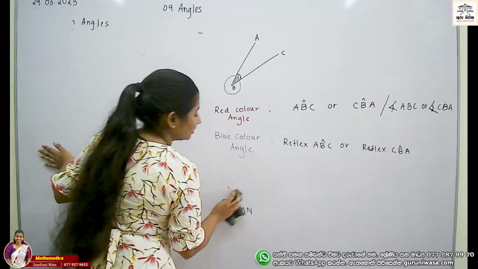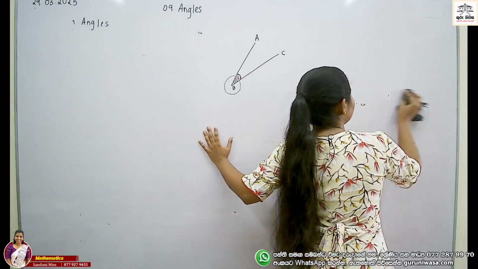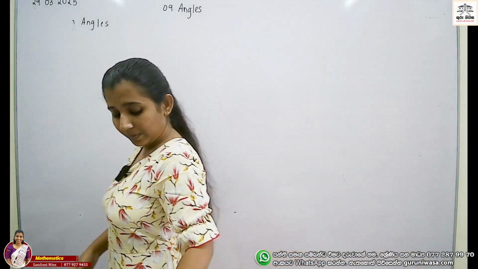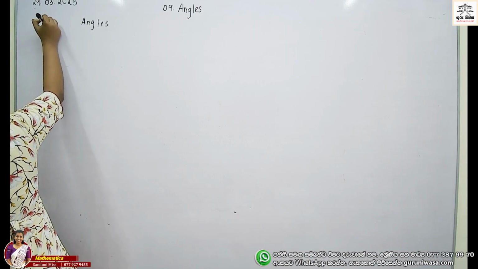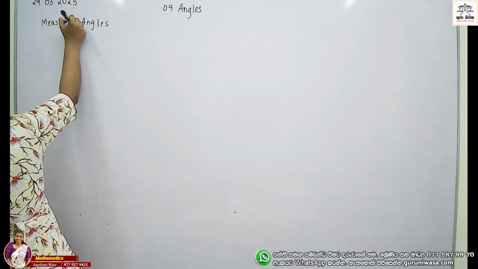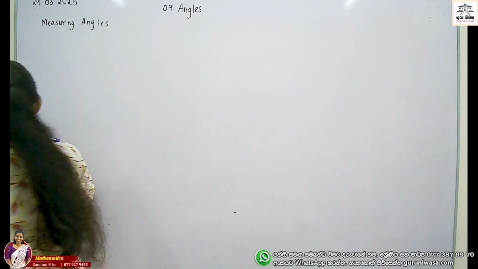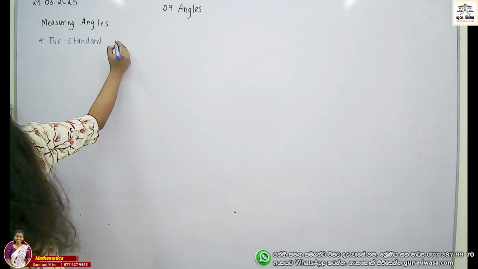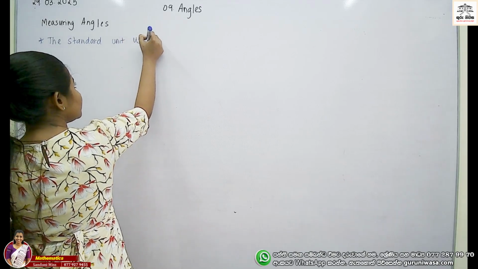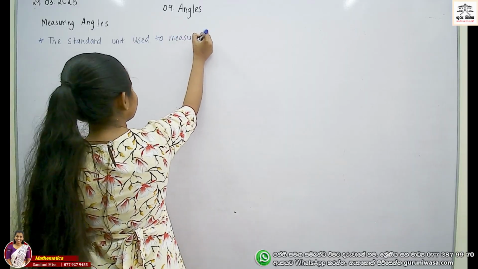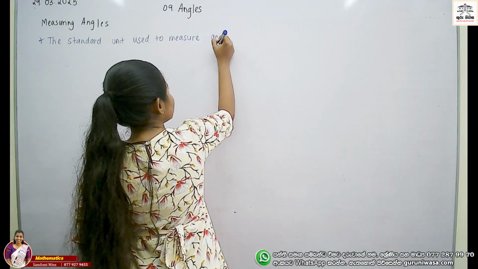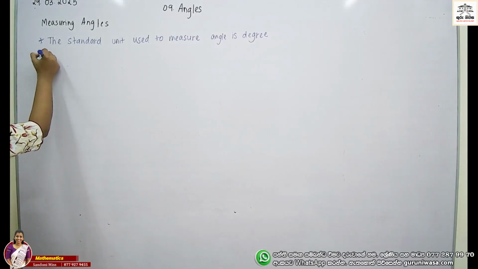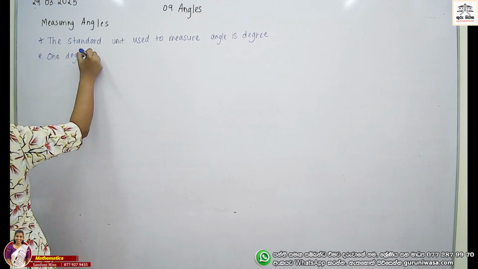Write the topic, measuring angles. Then put a star mark and write: the standard unit used to measure angles is degree. 1 degree is written like this, write with me.